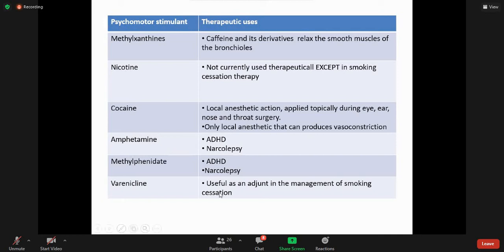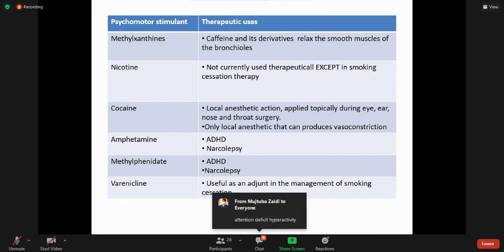ADHD stands for, okay, there is no reply, no problem. Attention deficit hyperactivity disorder in children, right?